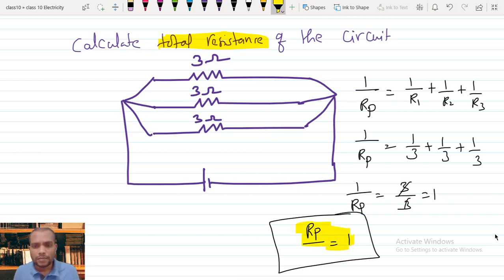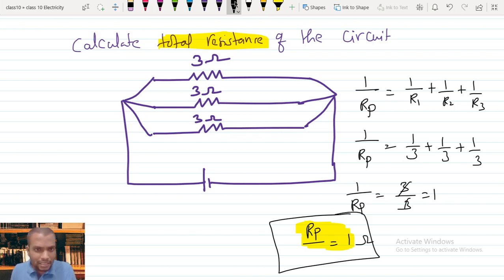If you notice, in parallel combination the total resistance value is less than the individual resistance. I think you understand that observation.